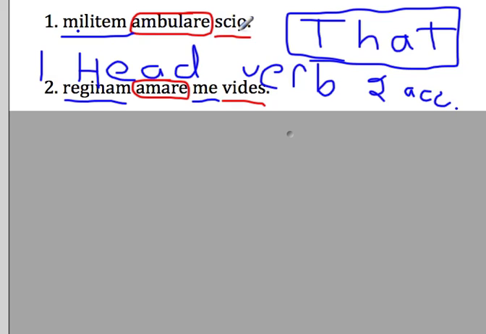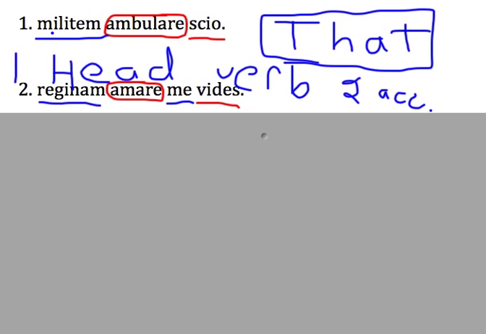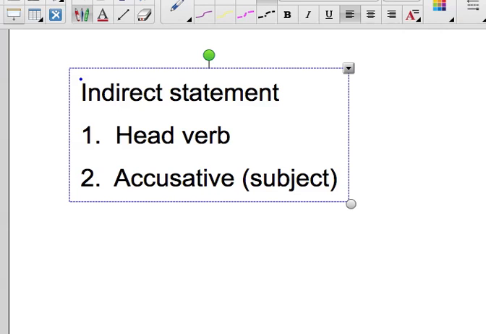Consider our previous example. I know that the soldier is walking. Soldier becomes the subject of walking. So that's why we call this thing an accusative subject. That's the second part of an indirect statement.